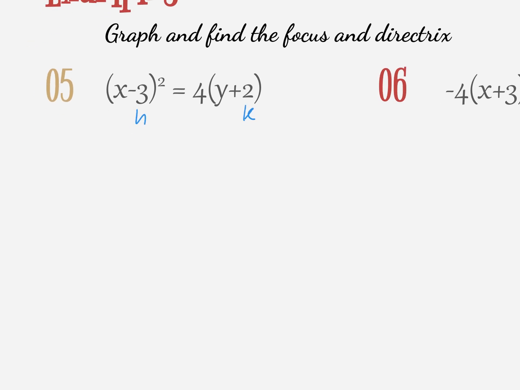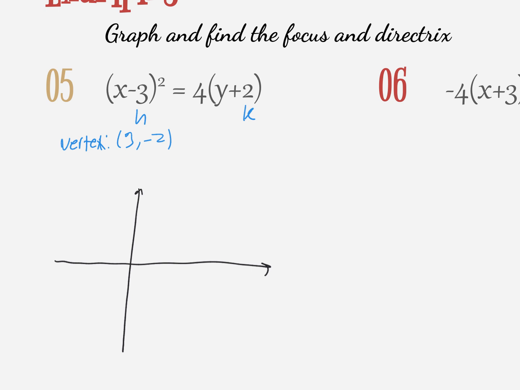I can quickly graph that just so that we can have an idea of where we're starting. So h is going to be a positive 3, so I'm going to identify the vertex first. It's going to be (3, negative 2). Why do we flip the signs?